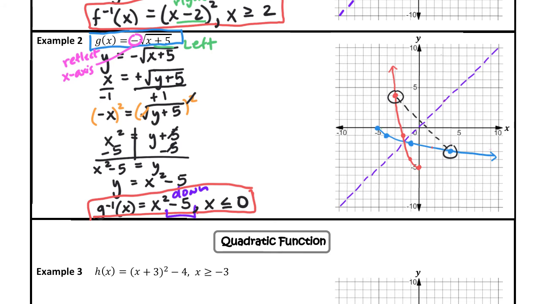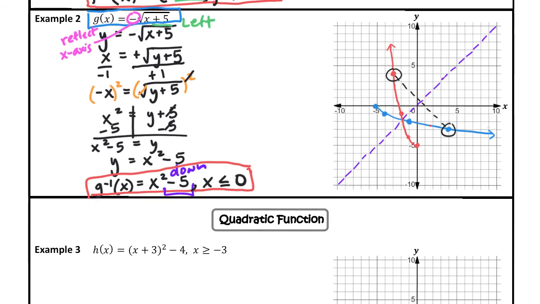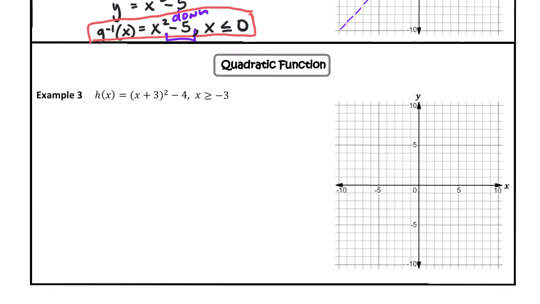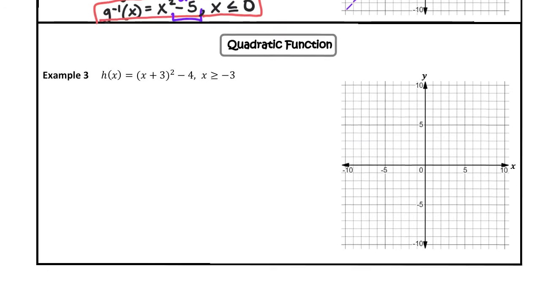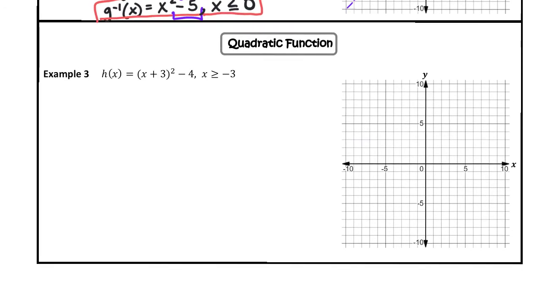Well, let's look at example 3. Notice that in example 3, the original that they give me already has a restriction, because the original is a quadratic, and quadratics have a restriction.